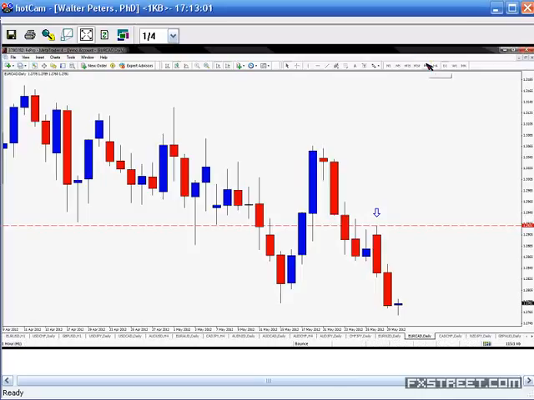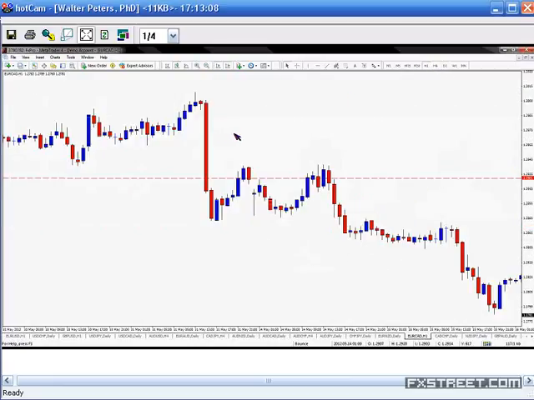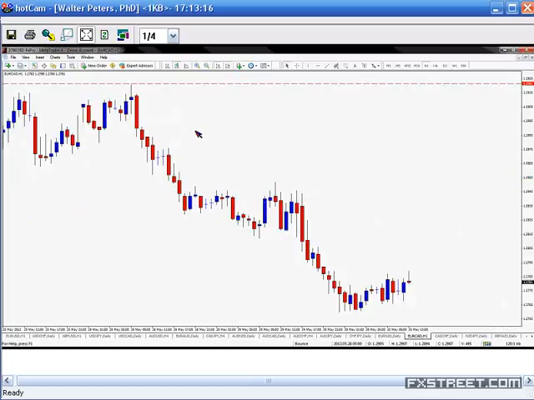For example, if we break down to the 1 hour chart on the Euro CAD, let's see what happened with the open this week. Whoa, that's too far. So the open this week was here, 29.05 right here. Okay. So it didn't really print anything nice on the 1 hour chart. What about the 4 hour?